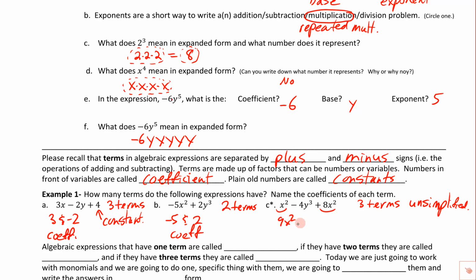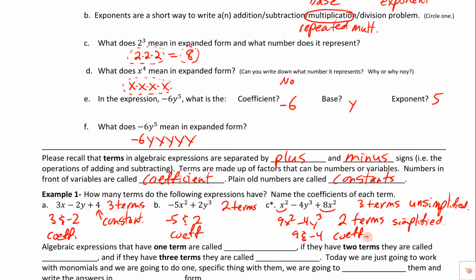That's going to be 9x² minus 4y³. So we have two terms when it's simplified. And the coefficients would be 9 and -4.